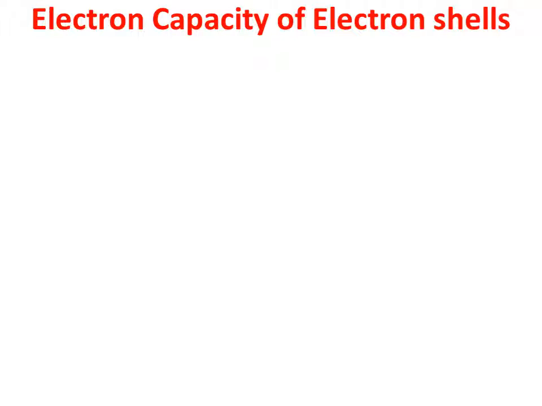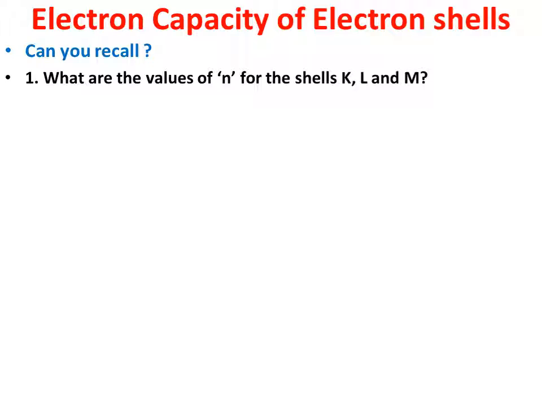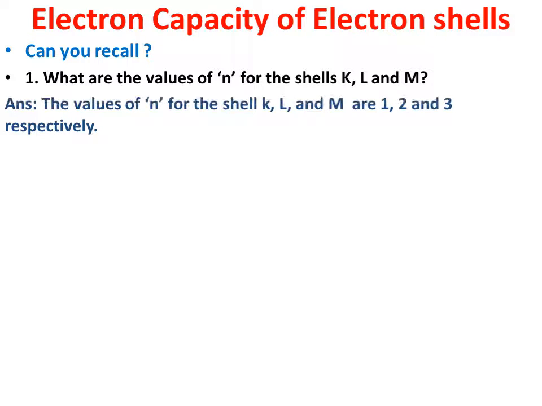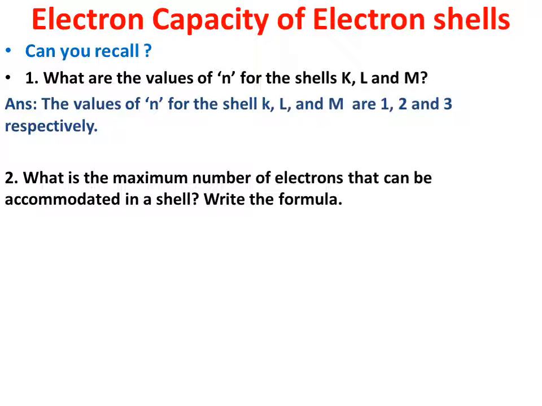Now we are going to study the electron capacity of electron shells. Before that, we will discuss the Can you recall. What are the values of n for the shells K, L and M? The values of n for the shells K, L and M are 1, 2 and 3 respectively.